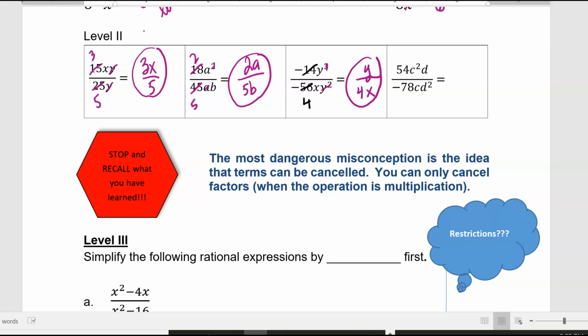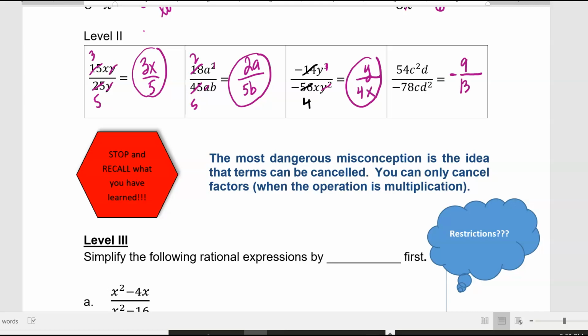Next, you have 54c squared d over negative 78c d squared. So I already know I'm going to have a negative. This is a negative fraction, right? And I also know that 6 can divide into both of these numbers. So that'll be 6 goes into 54 9 times, 6 goes into 78 13 times.